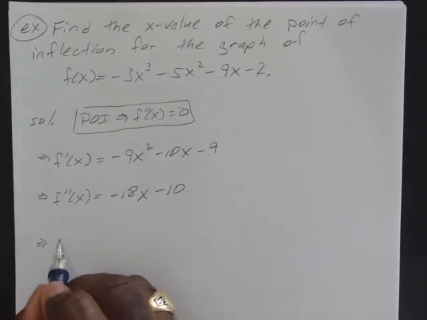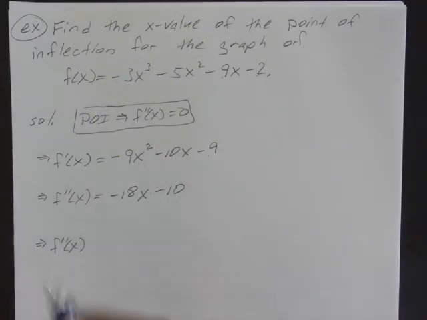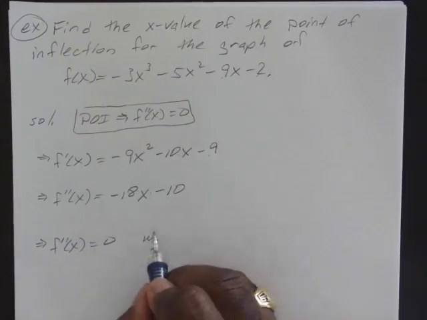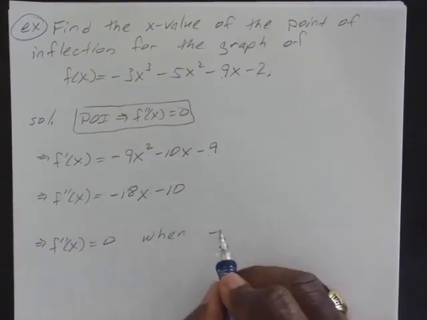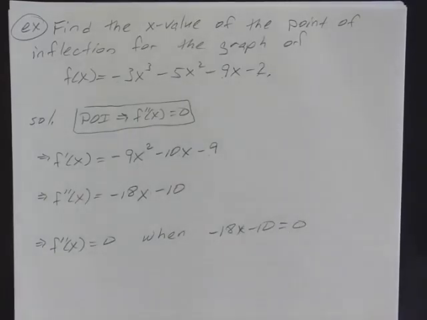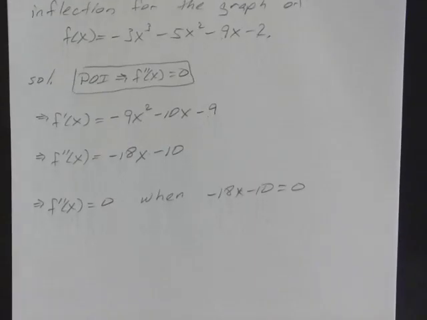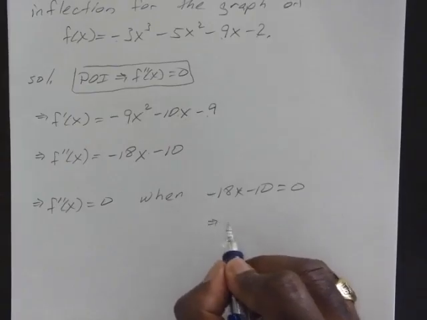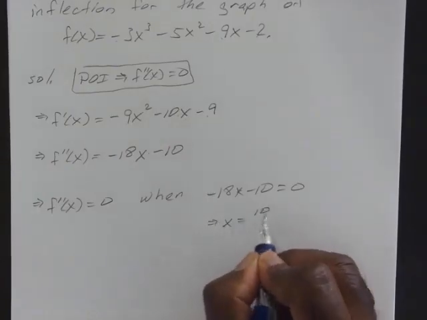Okay. So we know that our second derivative is equal to 0 when negative 18x minus 10 is equal to 0. So if we add 10 to both sides and then divide both sides by negative 18, we have x is equal to 10 divided by negative 18.